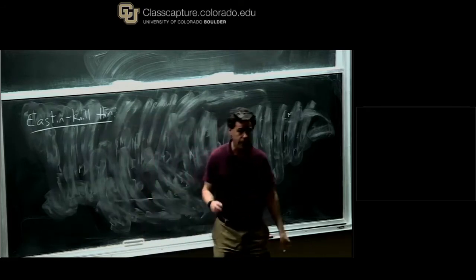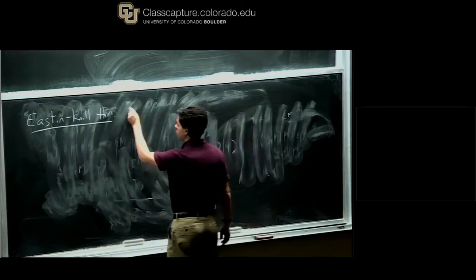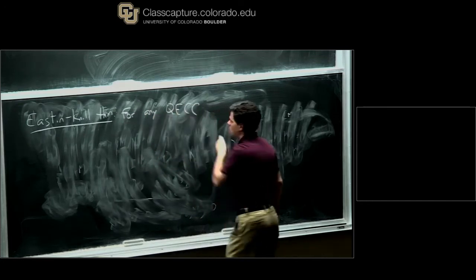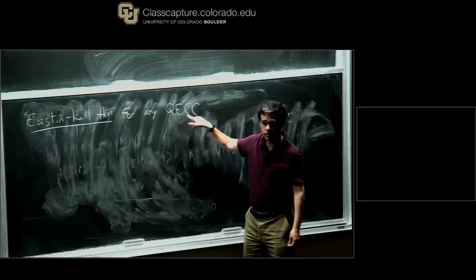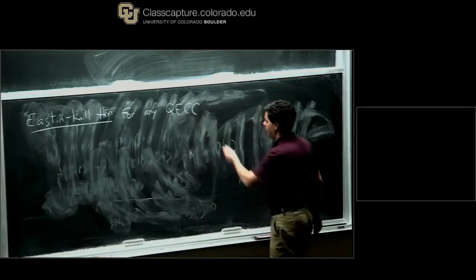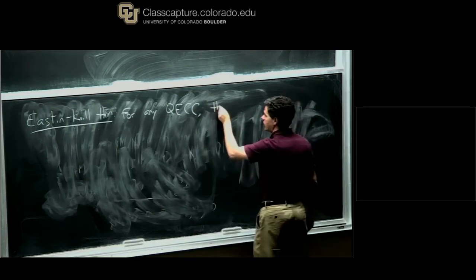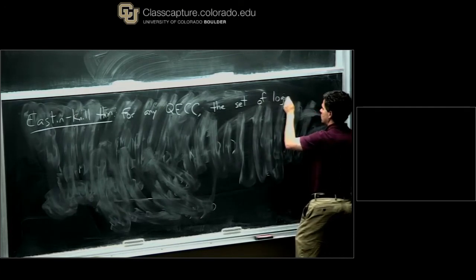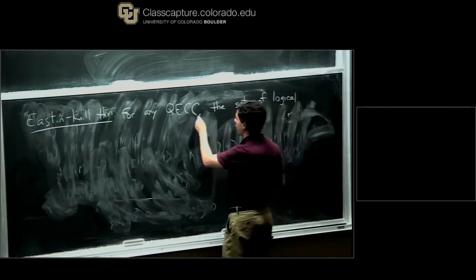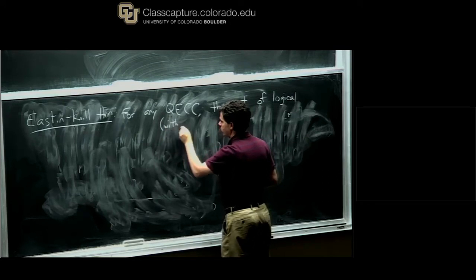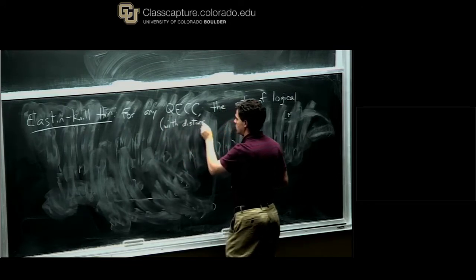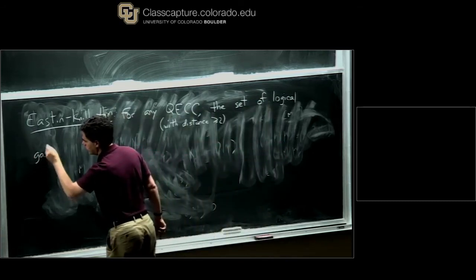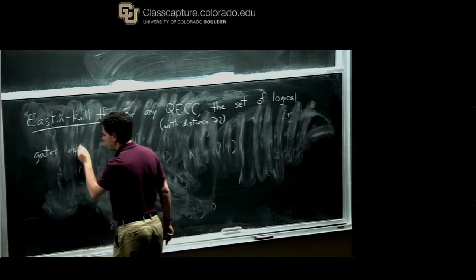And it says that for any quantum error correcting code, I don't know if you've seen this acronym before, quantum error correcting code, it's very common. The set of logical gates which can be implemented transversally, I should say this applies with distance at least 2.